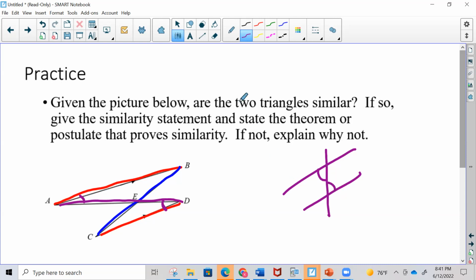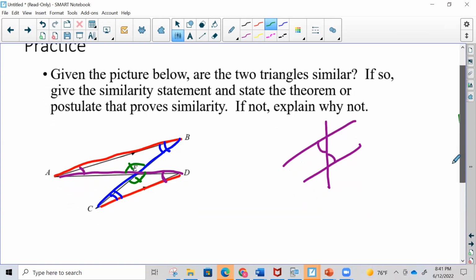So those are alternate interior. And then we also have angle B and angle C, and those are also alternate interior. And then we have angle E, which we also know is equal to, I guess, angle AEB and angle CED because they're vertical. So we have all of that.